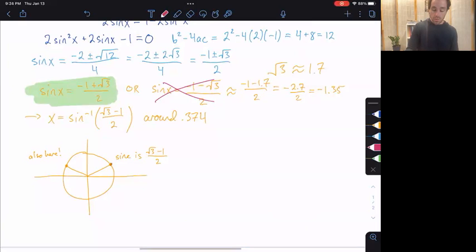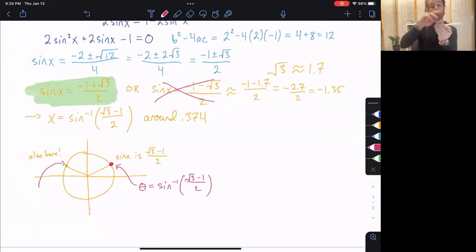Here, in the first one, this is an angle of inverse sine of √3 minus 1 over 2. Okay, cool. Here, this is really tricky. It's pi minus inverse sine of √3 minus 1 over 2. So this is pi, as in wrap around to pi and then subtract the same amount that was counted up right here.